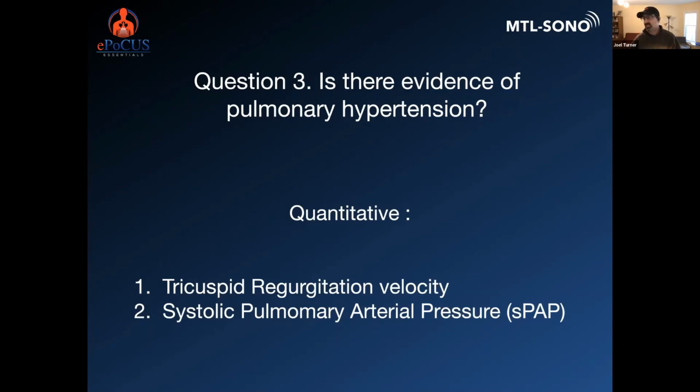But we can estimate it by doing some quantitative assessment in the emerge. So the first thing you want to do is to assess the velocity of your tricuspid regurgitation, and I'll talk about that. Your second assessment is to estimate the pulmonary arterial pressure in the pulmonary vasculature.